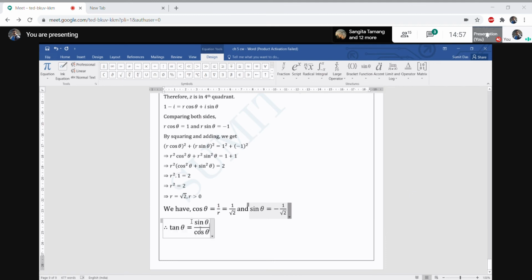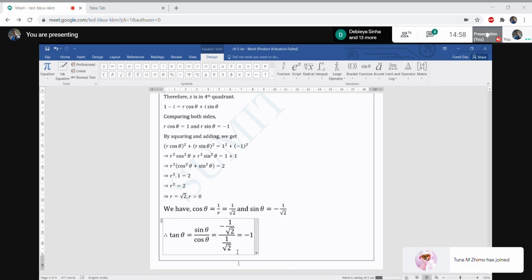We know tan theta equal to sin theta by cos theta. So put the value of sin theta, cos theta put the value. Okay, if you simplify this one, you can see that 1 by root 2, 1 by root 2 cancel, so it will be minus 1. Okay, so tan theta we got minus 1.